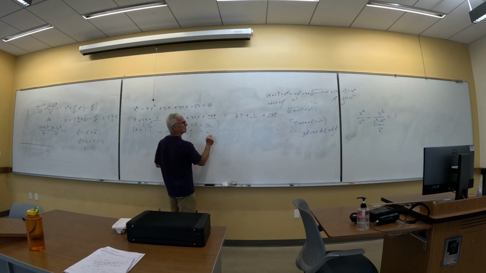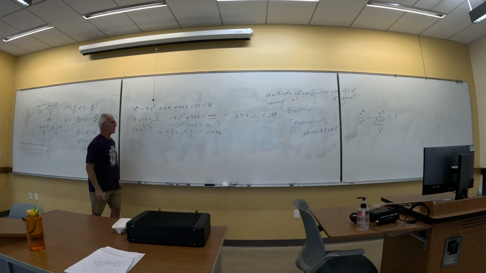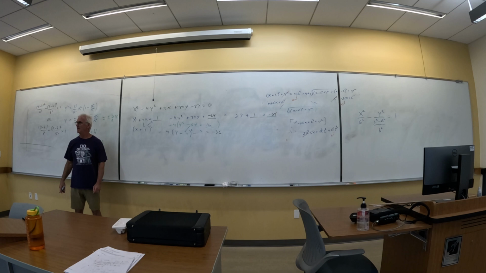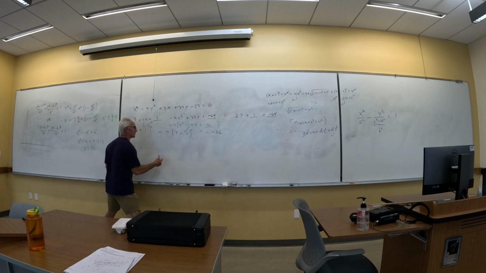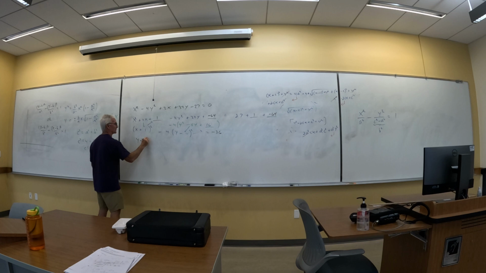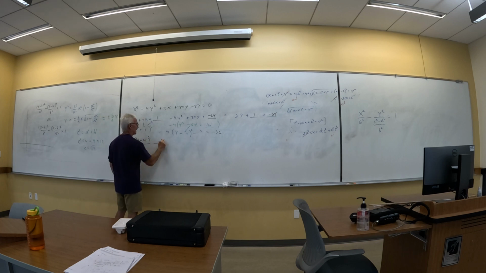Negative 36. Ooh, I need that to be a positive 1. What's that going to do to my order of subtraction? It's going to switch it, isn't it? Because I have a negative 4 over negative 36. That's going to be y minus 4 squared over 9 minus x plus 1 squared over 36.